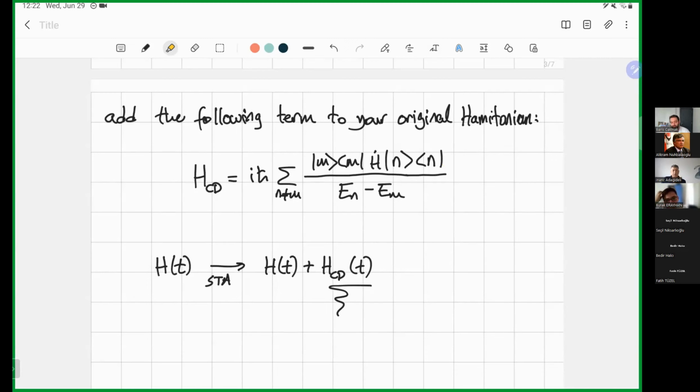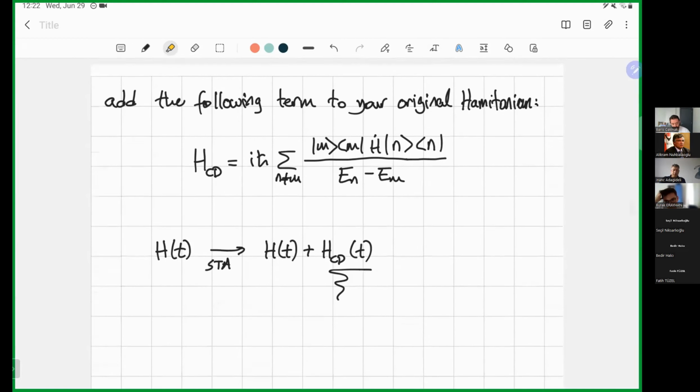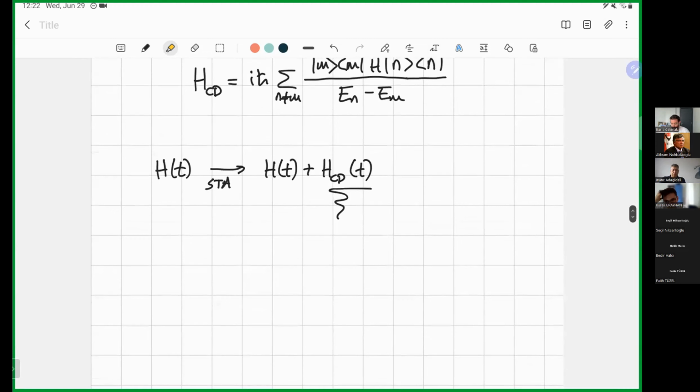However, this approach works extremely fine if you are dealing with a single two-level system, a single qubit. Even for two qubits, it works quite nicely. For the harmonic oscillator, it also works nicely. I'll give a homework related to the harmonic oscillator.